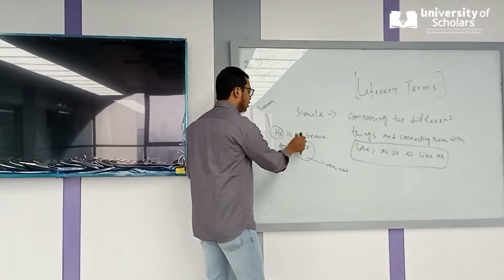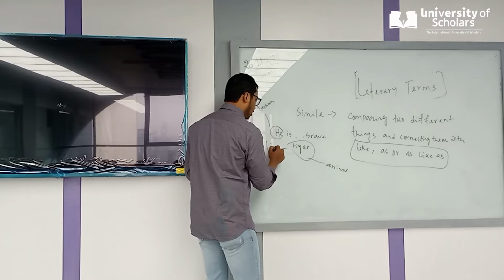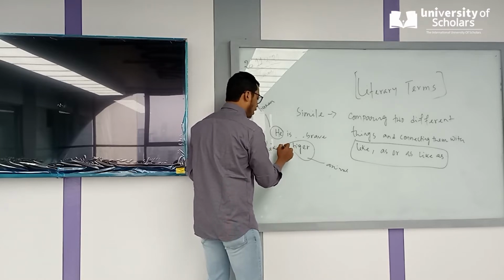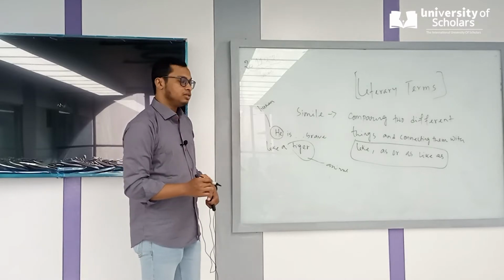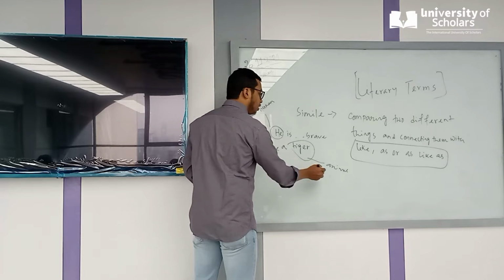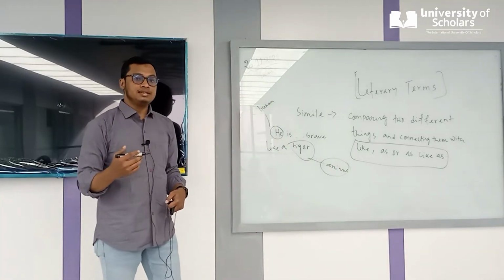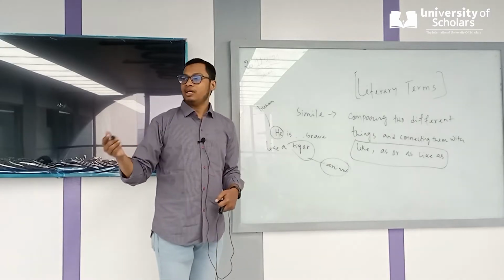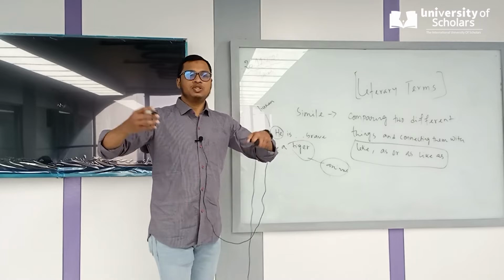Now if I say that he is brave like a tiger, you get me? Meaning what? I'm just comparing a human being with an animal. It doesn't necessarily mean that the human is becoming an animal. No. The feature, meaning that the tiger is so brave, right?